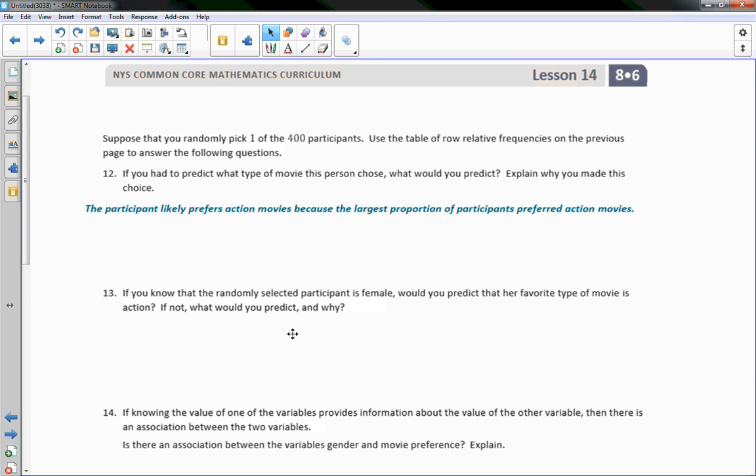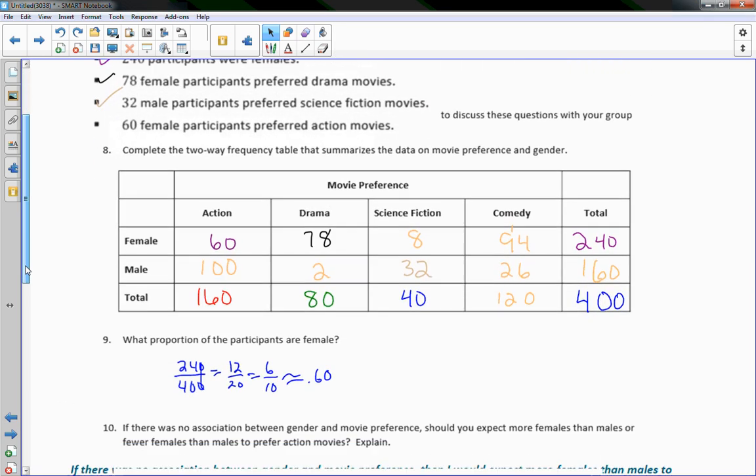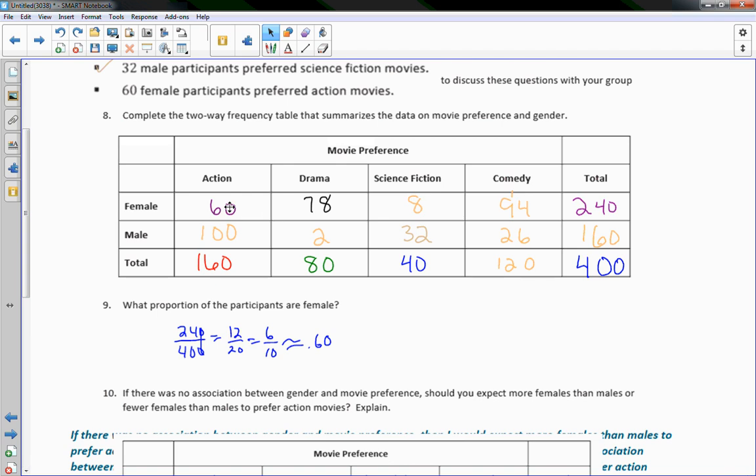Number 13, if you know that the randomly selected participant is female. Okay, so we know the participant is female. Would you predict that her favorite type of movie is action? If not, what would you predict? So we want to just look at the females in this row. And action is 60, drama there were 78, science fiction there was 8, and comedy there was 94.